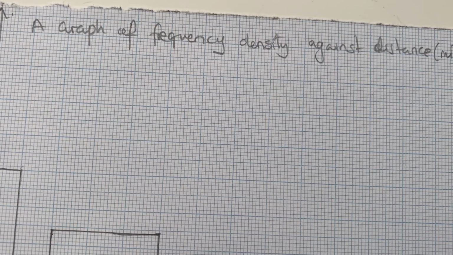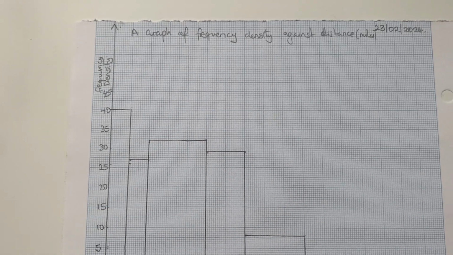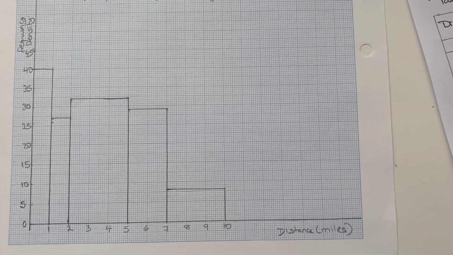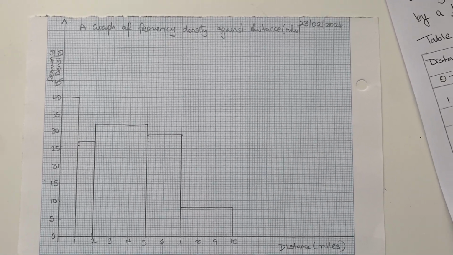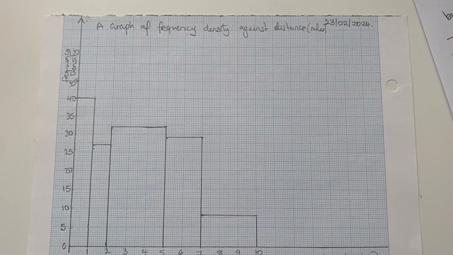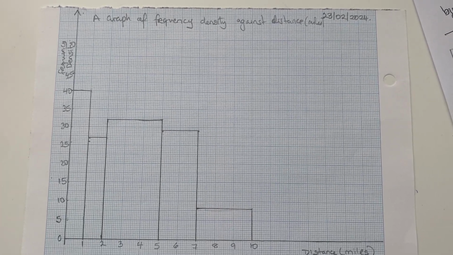Now, this is how my frequency table will look. Let me see if I can come all the way up for you to see. So that is how the graph looks. I'll pause a bit to capture the graph.